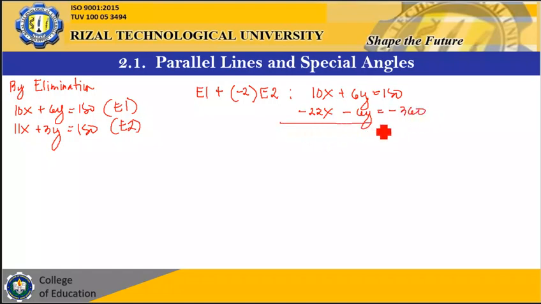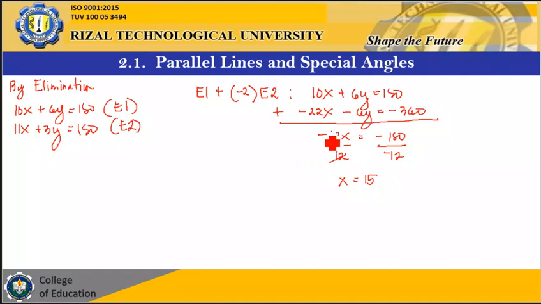Then let's add them. This would be negative 12x is equal to negative 180. Then dividing both sides by negative 12, what we have here is x is equal to 15.